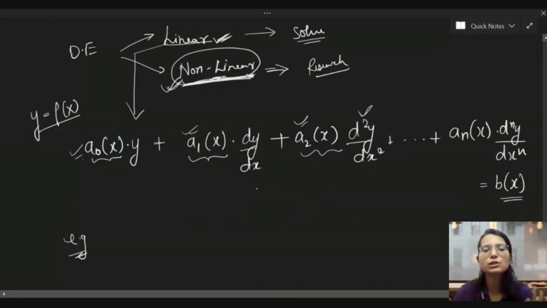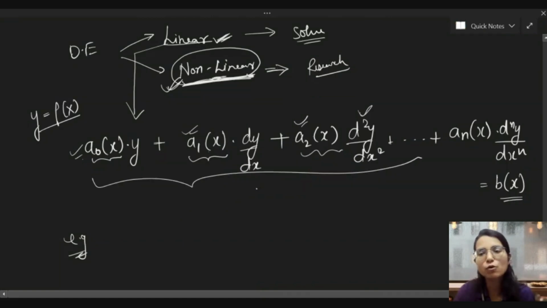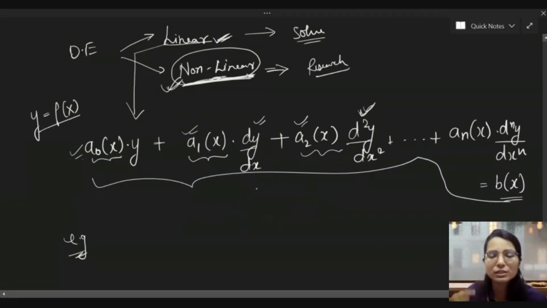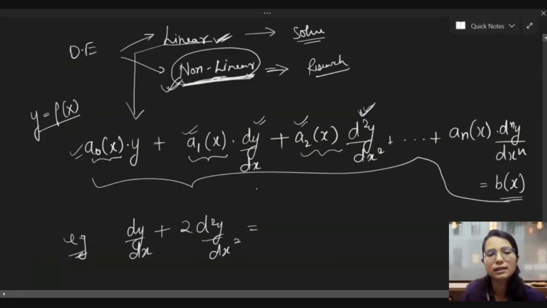So in a linear differential equation, the purest form to write it is like this. You have the derivatives, and the derivatives are in linear form. That means they are not raised to any power other than 1. So for example, dy by dx plus 2 times d2y by dx square equals sine of y. Is it a linear differential equation? That is the question.